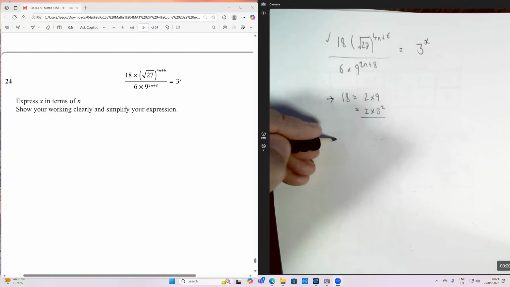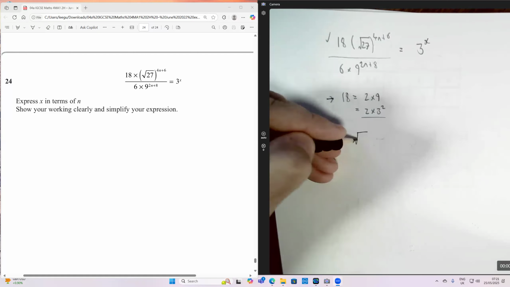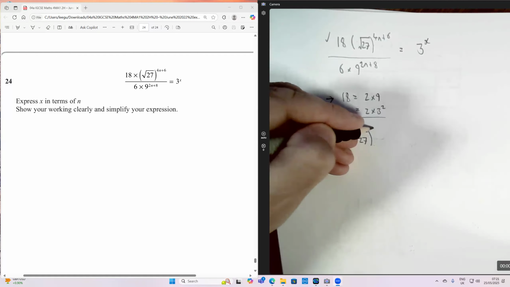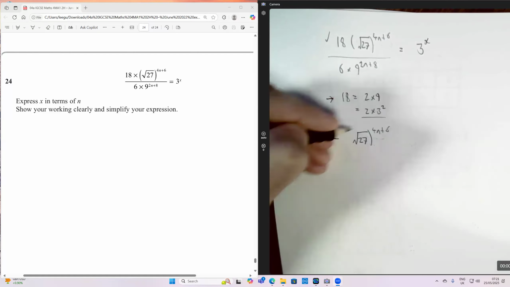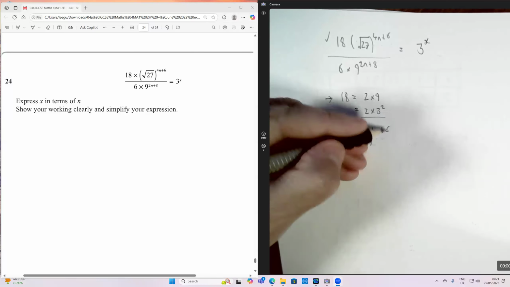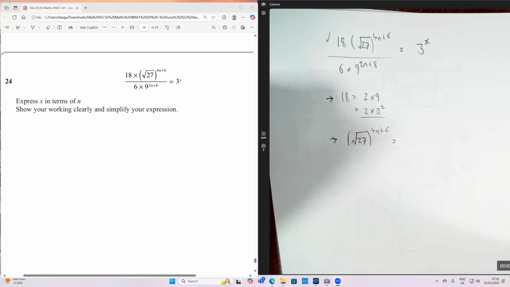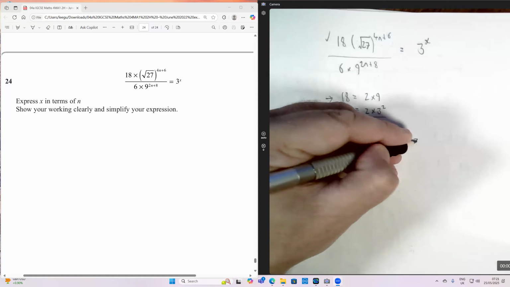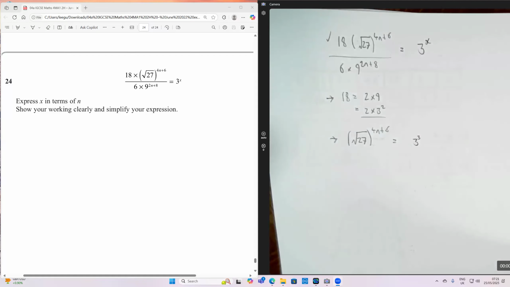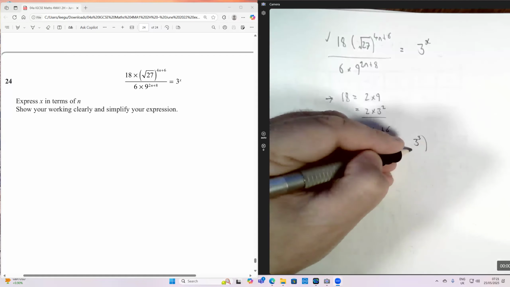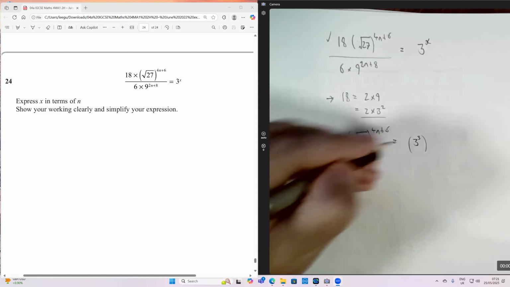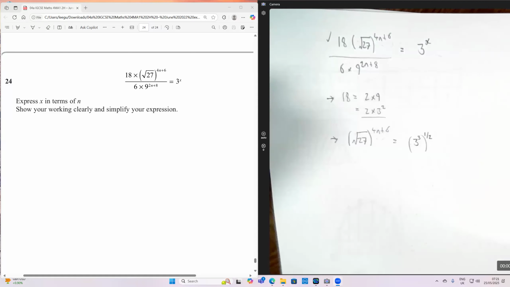Let's deal with the root 27 to the power of 4n add 6. Well, first of all, I would say that 27 is a cube number. It is 3 cubed, which is super helpful to us. And a square root is the same as to the power of a half.